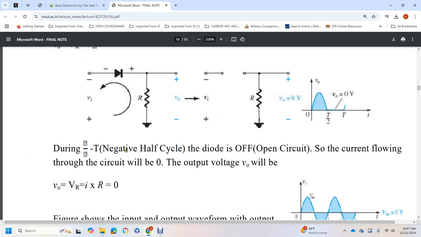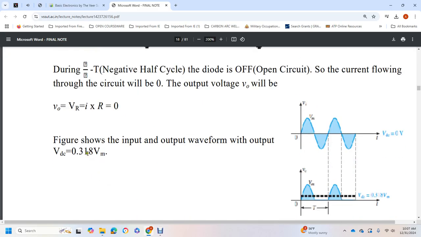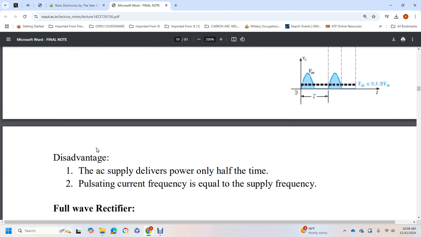During the negative half cycle, the diode is off, an open circuit, so no current flows through the circuit. The output voltage is the current times the resistance, which equals 0. Here are the input and output waveforms, with the DC output voltage.